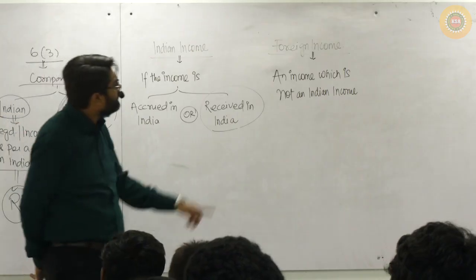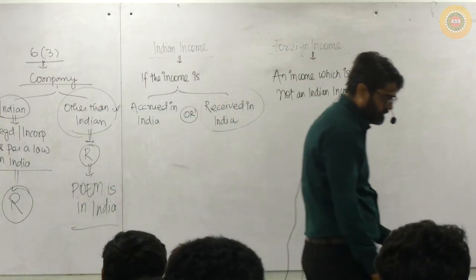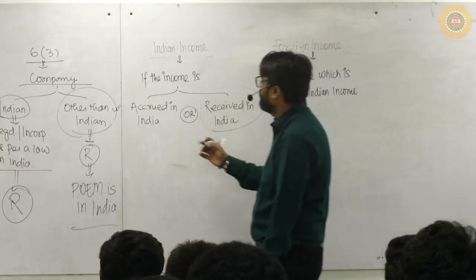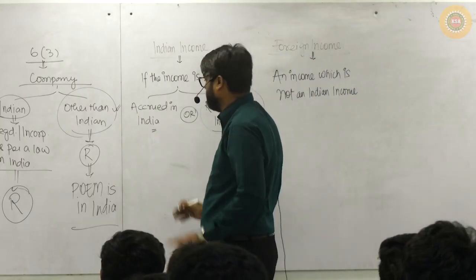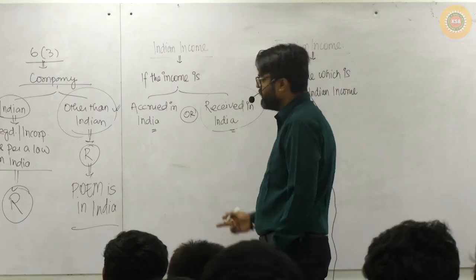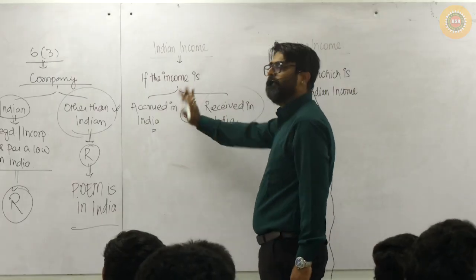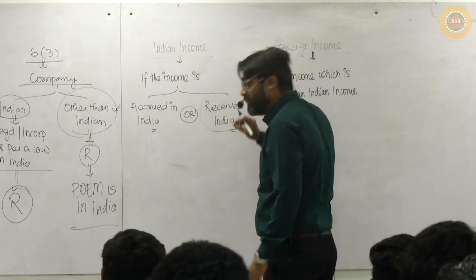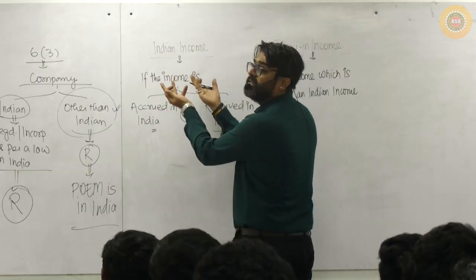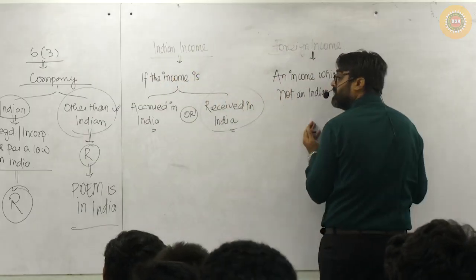Now when will the income be treated as foreign income? Accrual in India? No. Received in India? This is also not happening in India. Then the income cannot be treated as Indian income. Then it will be treated as foreign income.